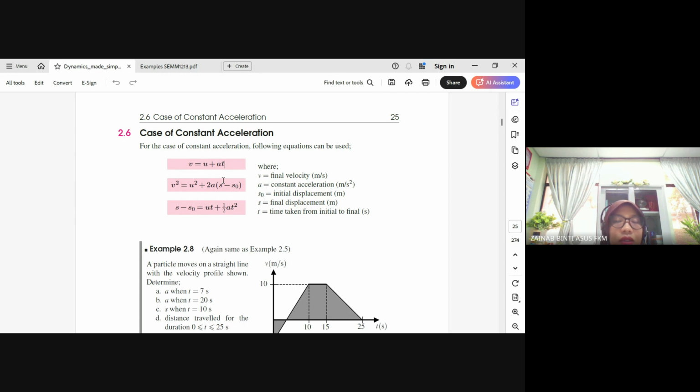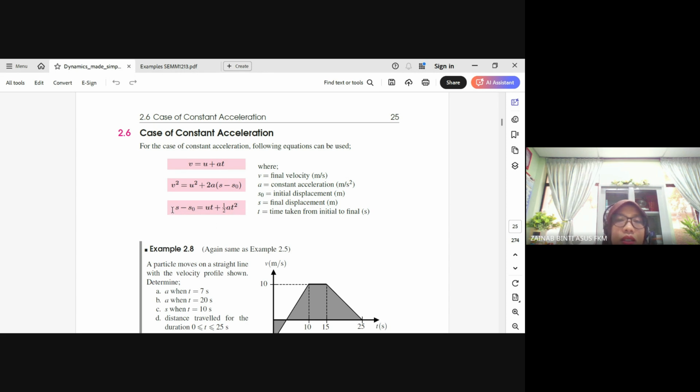This equation comes from your equation of s, where if you have a constant acceleration, you will see that your s equation becomes a power of two equation. And then the third equation: s minus s naught equals ut plus 1 over 2 at square.